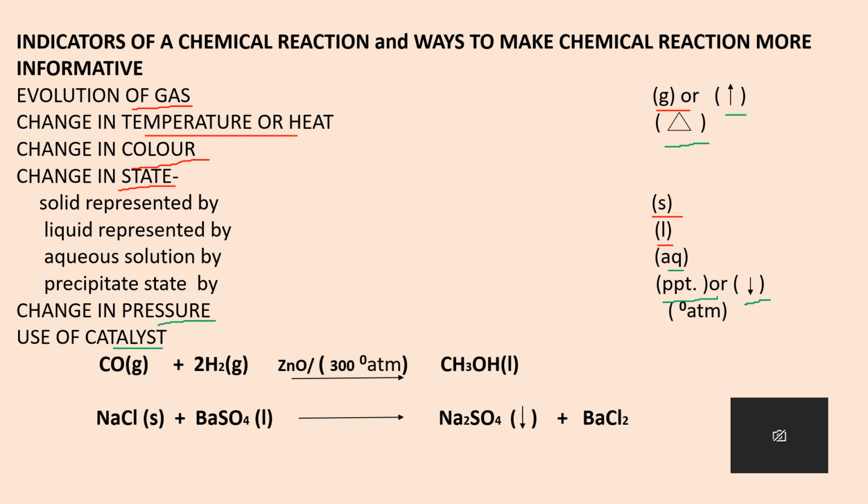It is mentioned in atmospheres. Catalyst is also written on or below the arrow of the reaction. Catalyst is not used up in the reaction, but it is a specific compound which directs and increases the speed of the reaction.